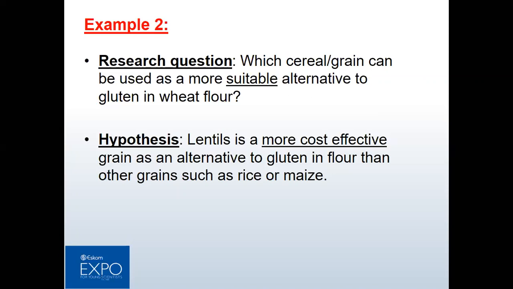Just another quick example. If I chose to do a social science study that was linked to food allergies, and for example, I wanted to find out if there's a genetic link between food allergies such as lactose, if it's inherited, then my hypothesis would be that food allergies can be inherited.